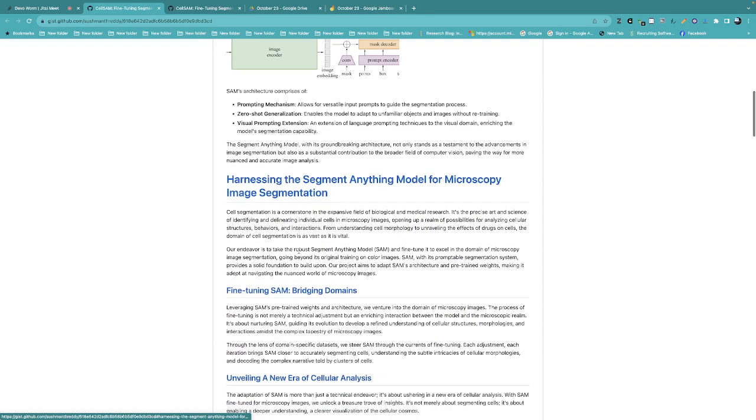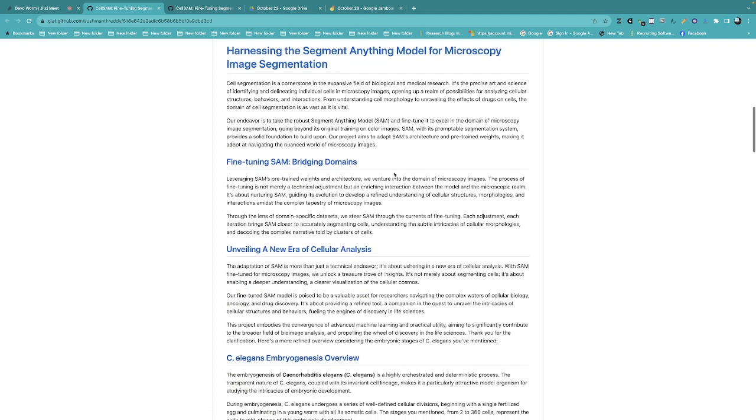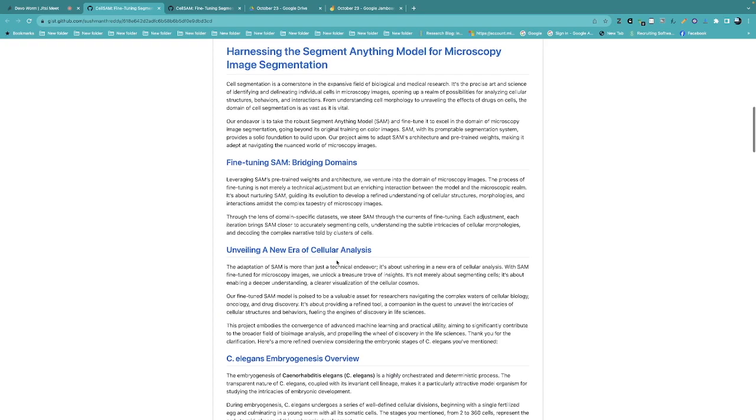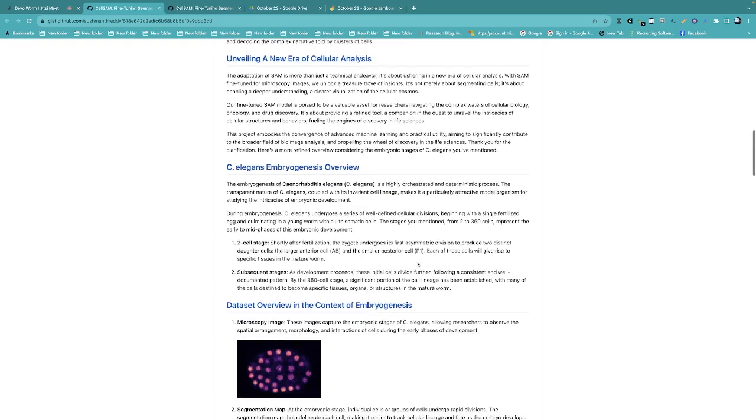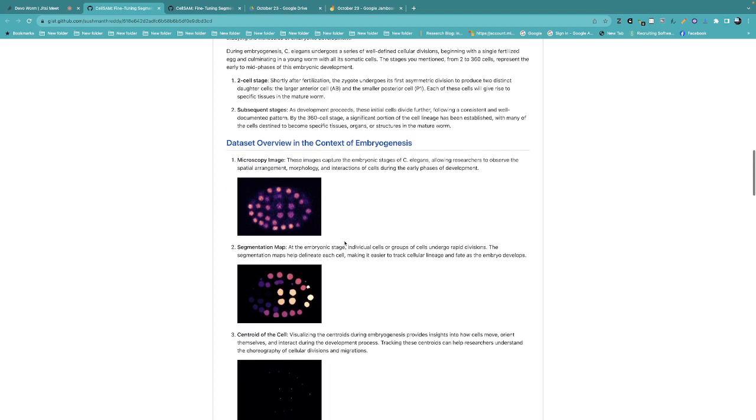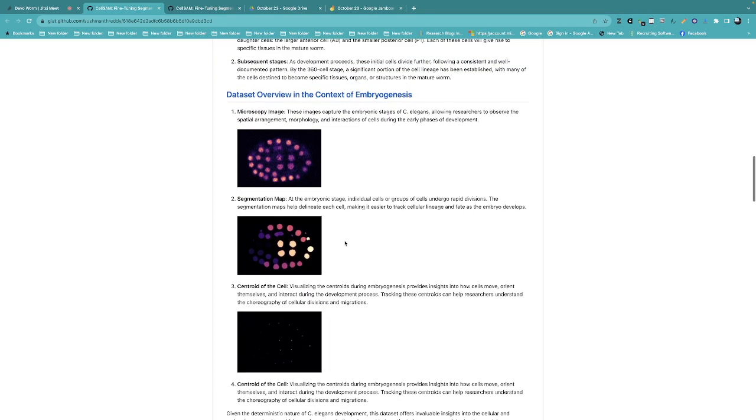Then there's the aspect of using it in biology. We have harnessing the Segment Anything Model for microscopy, fine-tuning SAM. This is where SAM is getting trained, unveiling a new era of cellular analysis. This is about C. elegans, and it shows a step-by-step on how to work with the data.